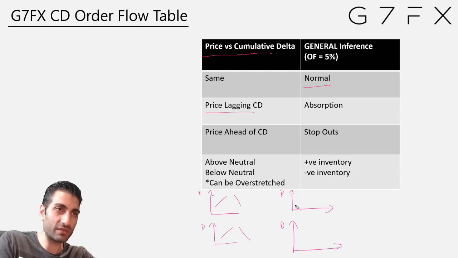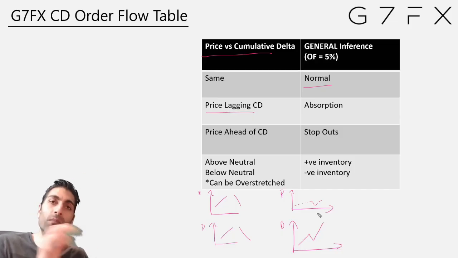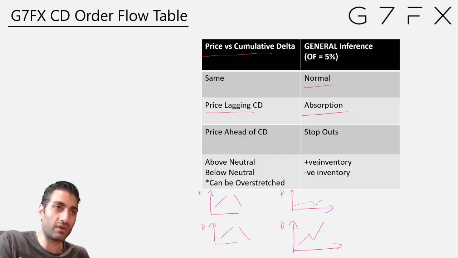So if price is, for example, going up, and then comes down and then goes up, but delta goes completely crazy, obviously I've exaggerated here, but delta moves up more than the price does, that's absorption. And same for down: if price goes down but delta goes down more, so the price is lagging the delta, that's absorption, all right? That's all you've got to remember.